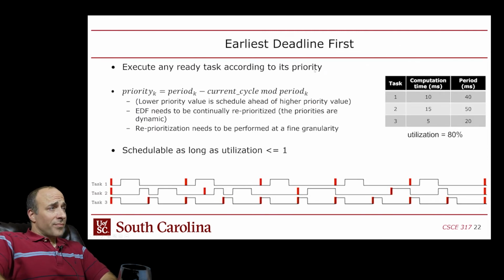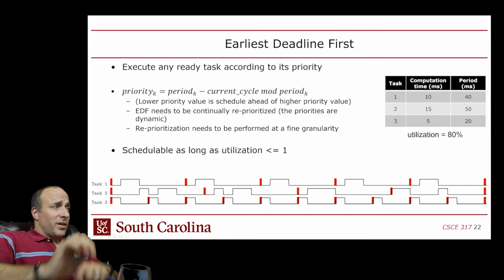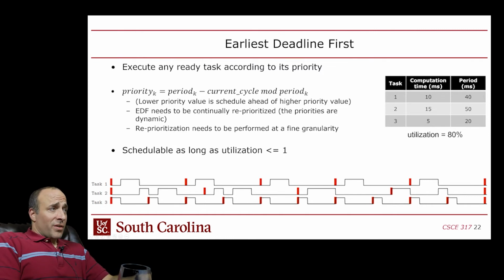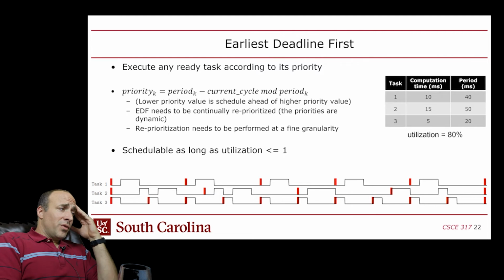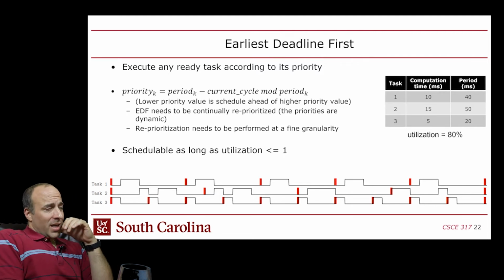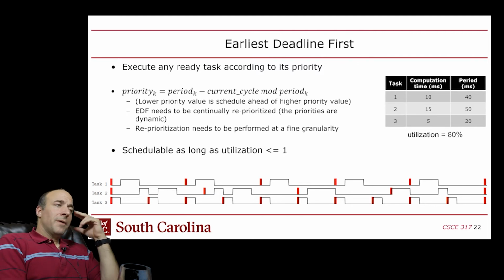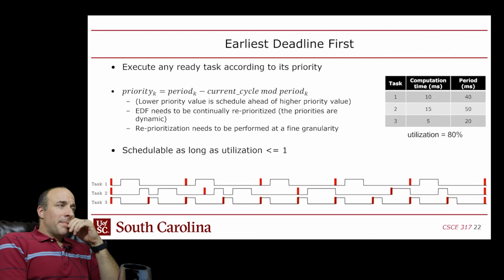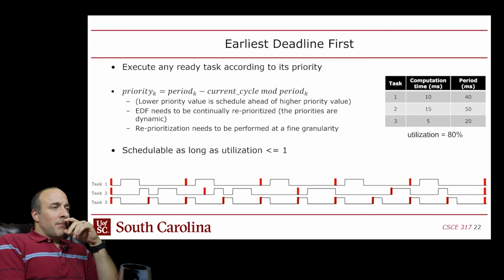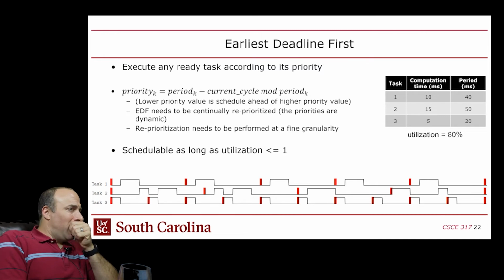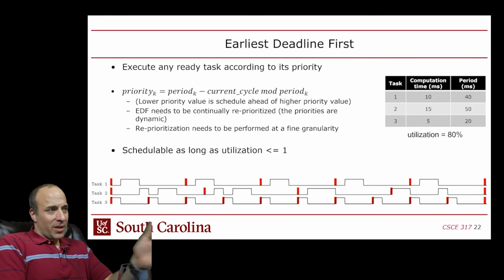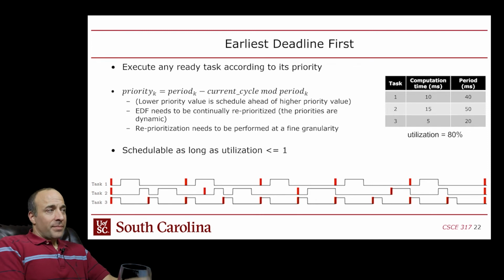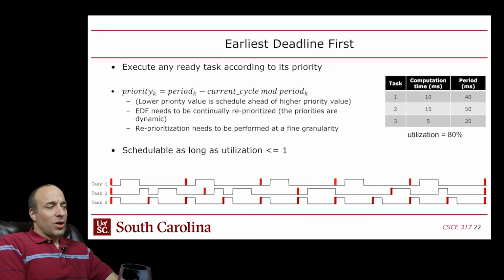So let's take a look at the priority for earliest deadline first. If you have a task K, the priority is going to be its period minus the current time modulo the period, which is how far into the period we're currently at.